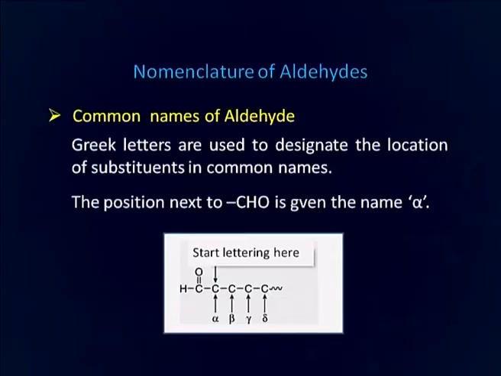For example, in this molecule you can see that this is the aldehydic group, and next to this aldehydic group, this carbon is called alpha carbon, then beta, then gamma and delta. So, any substitution on this carbon or this carbon will be accordingly named.